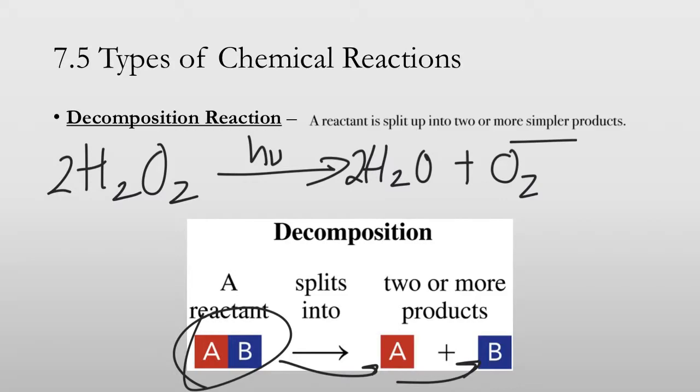And now I have balanced it: 4 oxygens on each side, 4 hydrogens on each side. And another thing to notice is that we have made 2 simpler products here. The peroxide has 4 atoms bonded together in 1 molecule. It makes another molecule, water, but it only has 3 atoms, so it is simpler than the peroxide. And then we have the element oxygen.